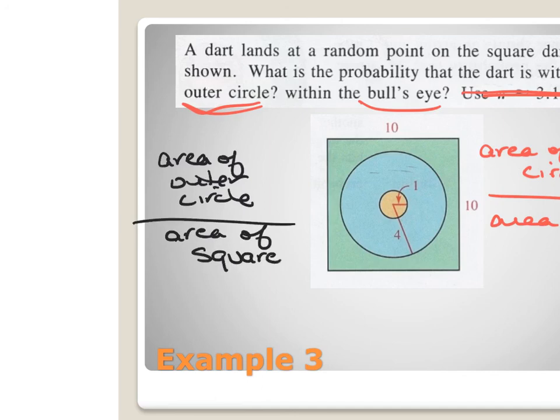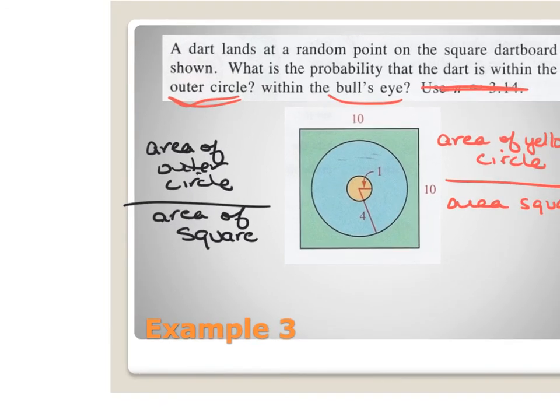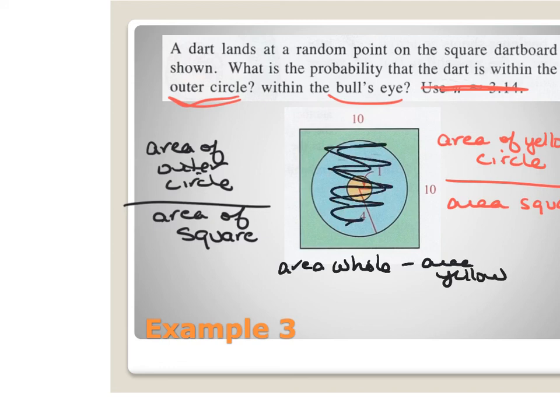Now, my outer circle, it's like the donut. I'm going to be doing area of the whole circle minus area of the yellow. Okay, so I'm going to be doing this whole area here, the whole circle first, and then subtract out the yellow. And then what remains will be the area of that blue or that donut shape.